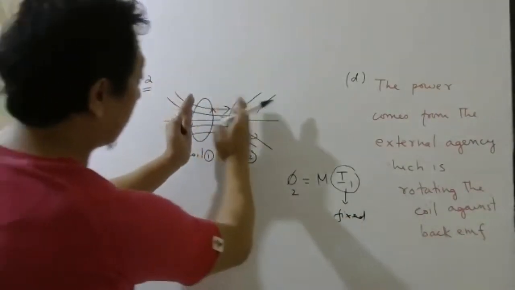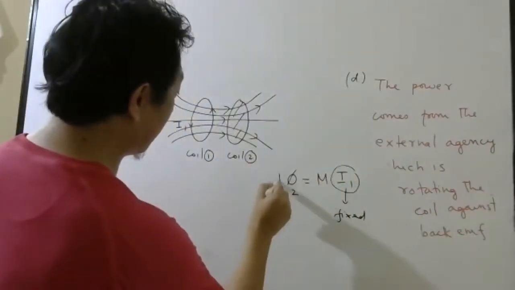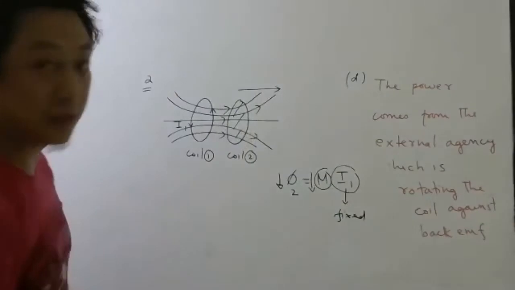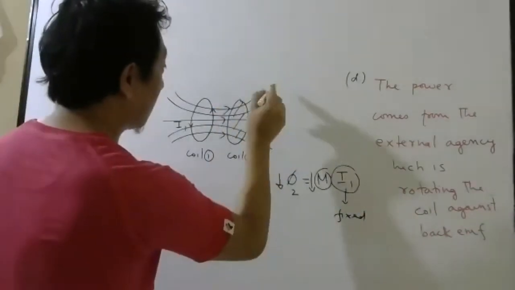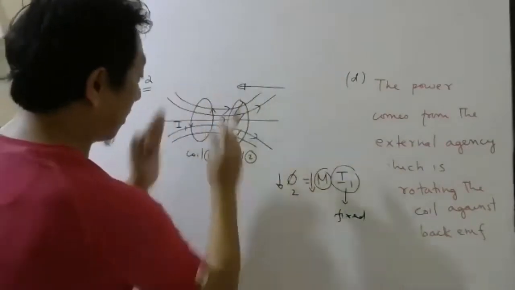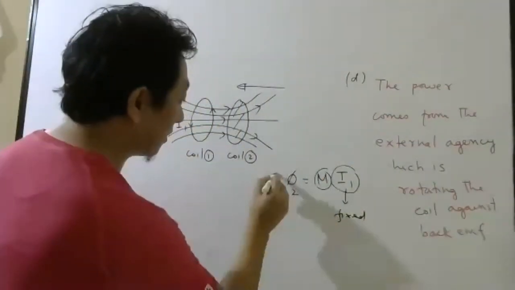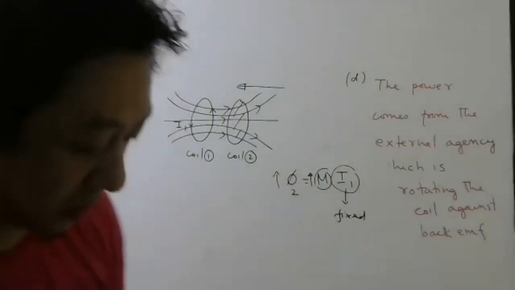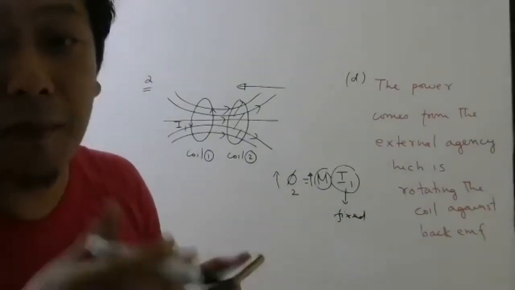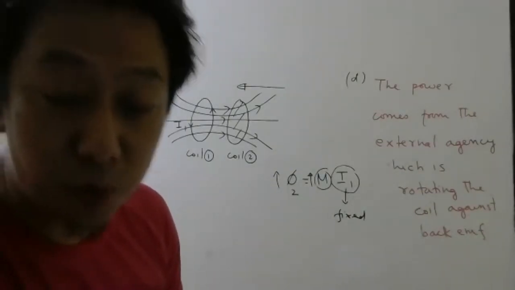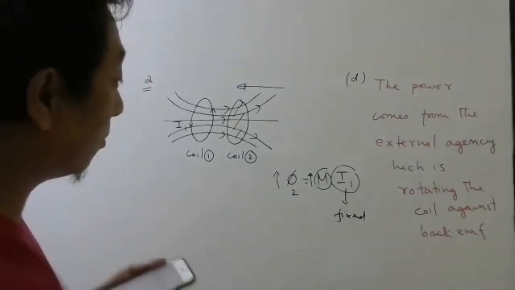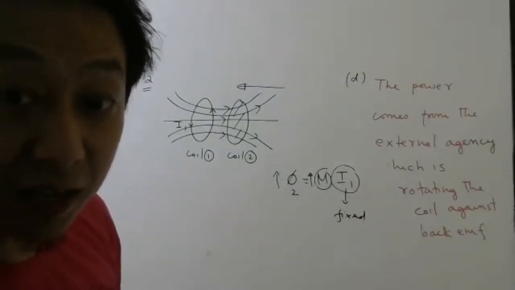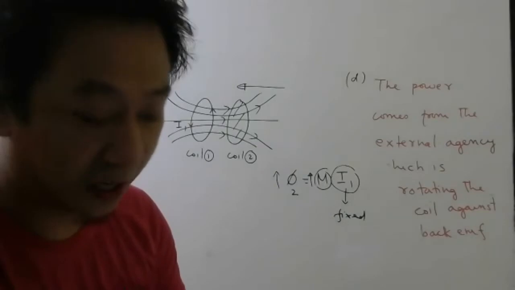So if you move this away, the flux will decrease, so mutual inductance will decrease. If you bring them closer, then the flux has to increase for the same current, so mutual inductance has to increase. Understood? If two coils are near, magnetic flux will be more, so you get more flux passing through the second coil due to current in the first coil. So option A is correct.